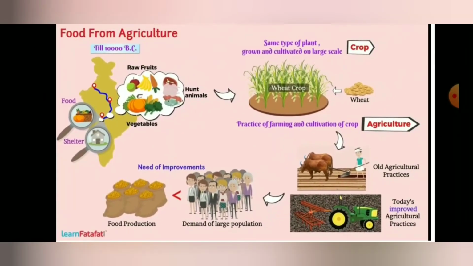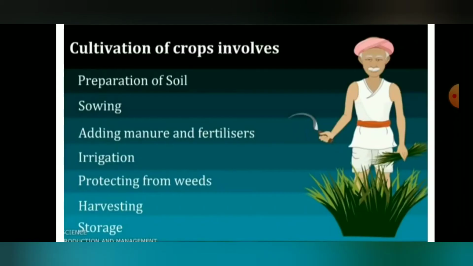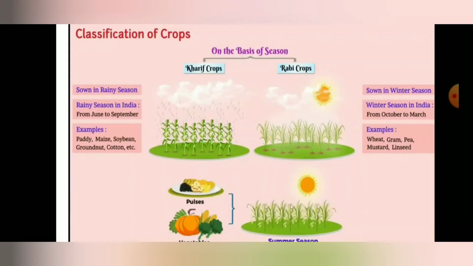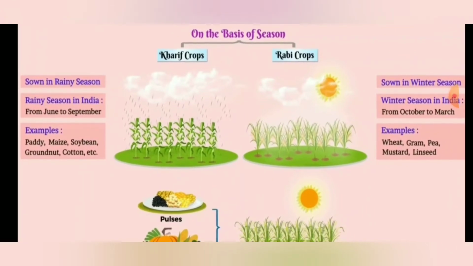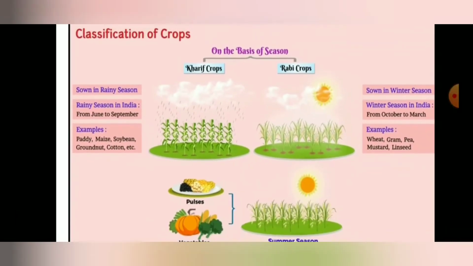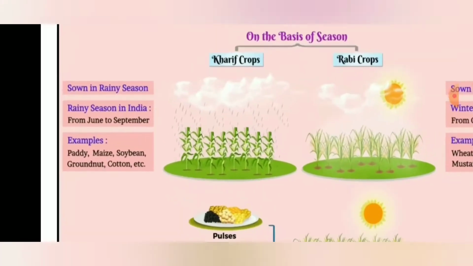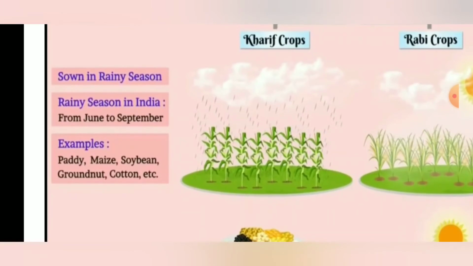Next, in the first class I told you about kharif plants and rabi plants on the basis of the season. In this picture you can observe kharif crops and rabi crops. Kharif crops are sown in the rainy season. The rainy season in India starts from June to September.